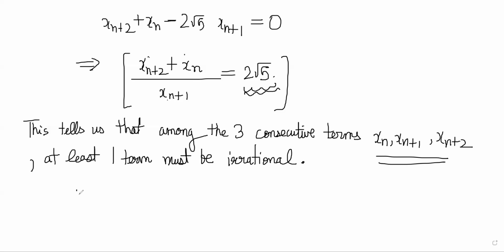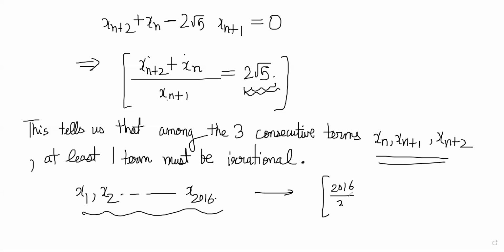So that means that out of the first 2016 terms, 1 out of 3, we should have at least 2016 by 3 irrational terms. And 2016 by 3 is basically 672.